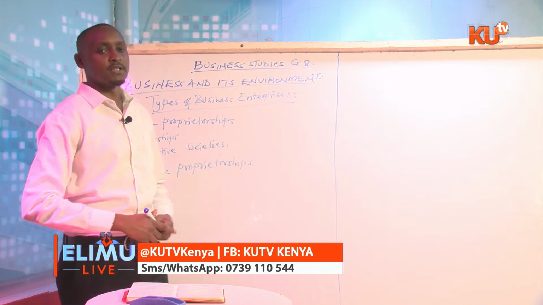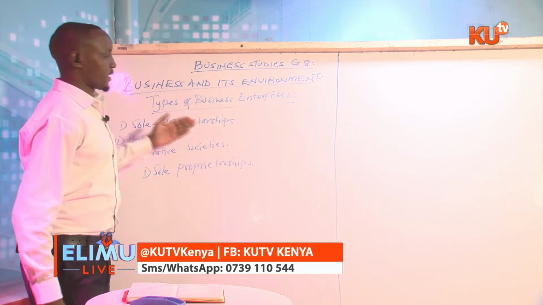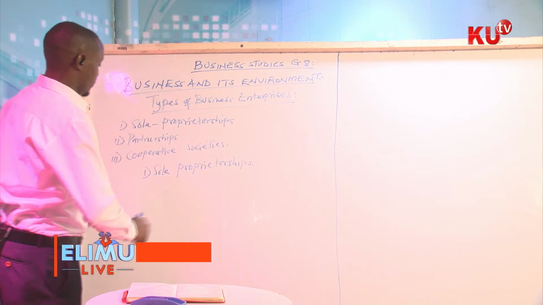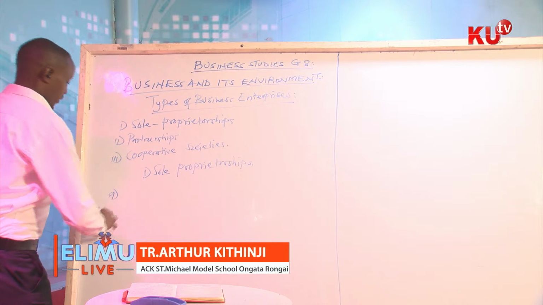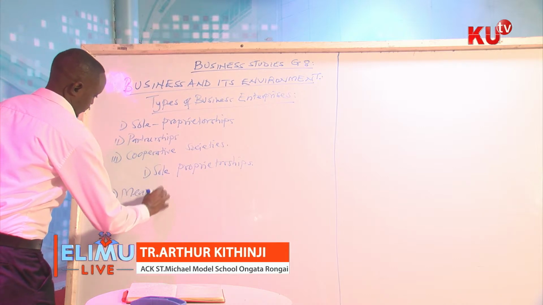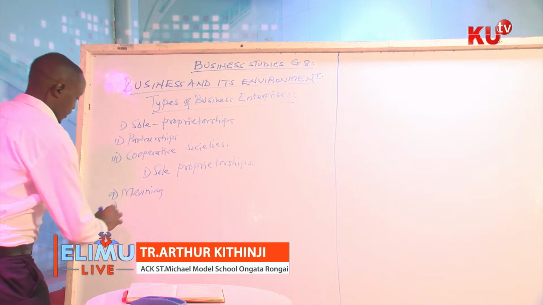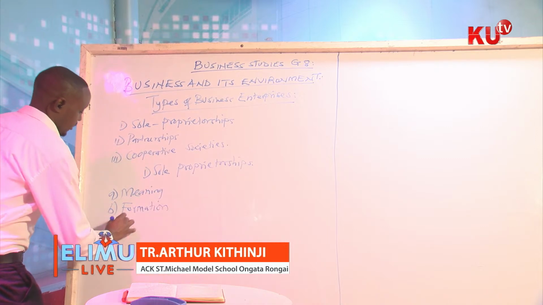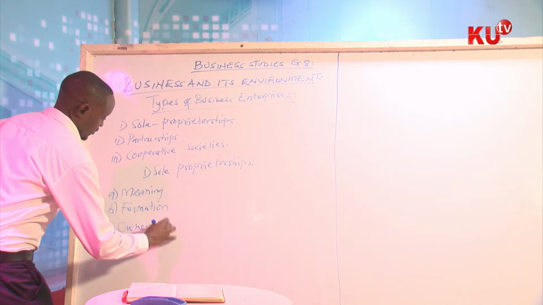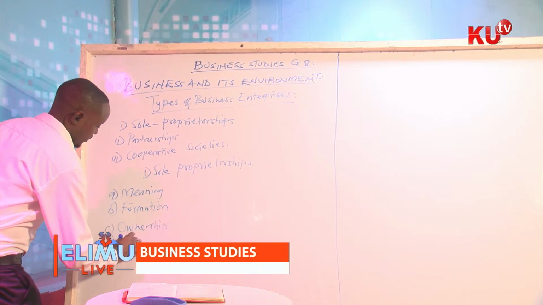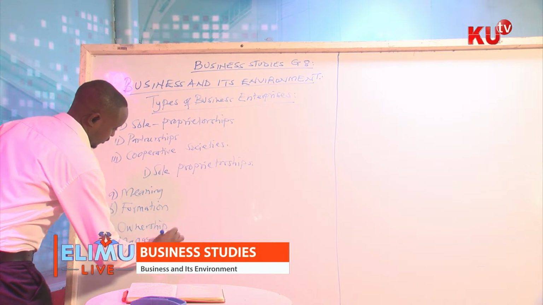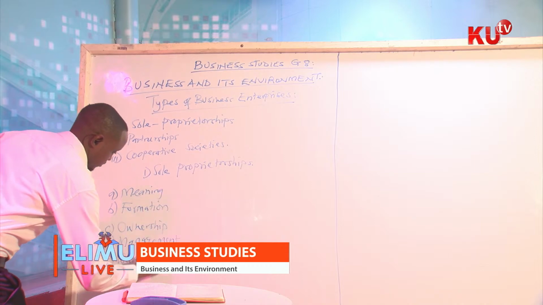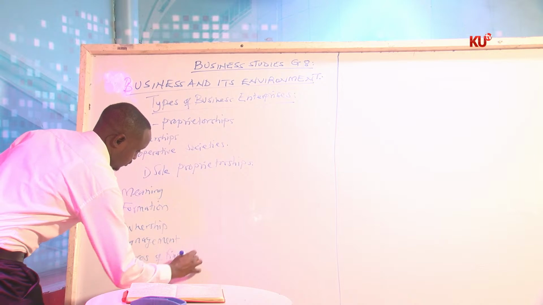Before I go there, we have a list of things that we shall be looking at when we talk about each of these business enterprises. 1, we are going to look at the meaning of each. 2, the formation of each. 3, the ownership of each. 4, the management of each. 5, sources of finance, or what we call capital.